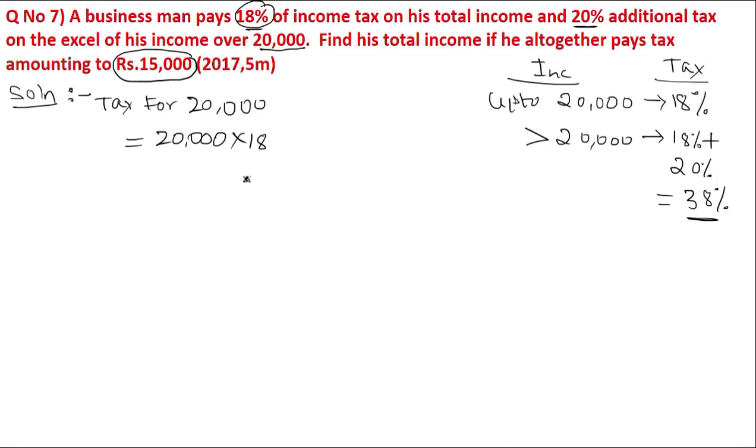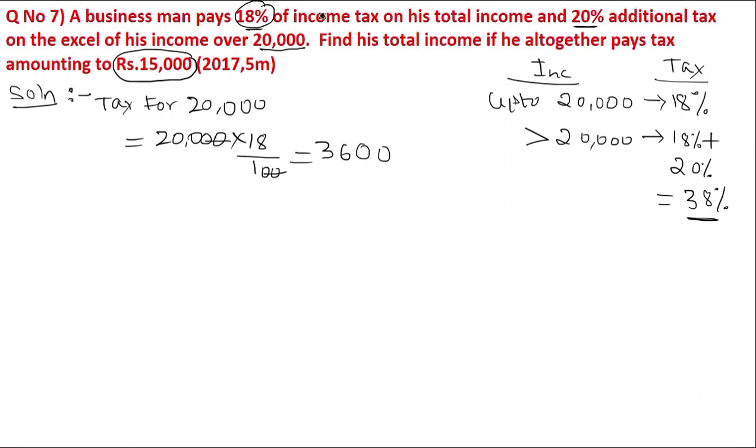Correct. 18 upon 100. These two zeros cancel, 2 18s are 36. So 3,600 is the tax he is paying for the 20,000.